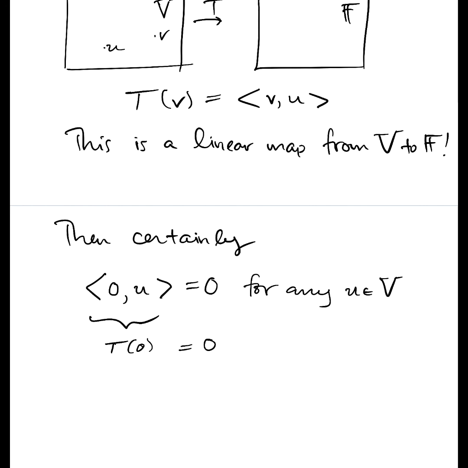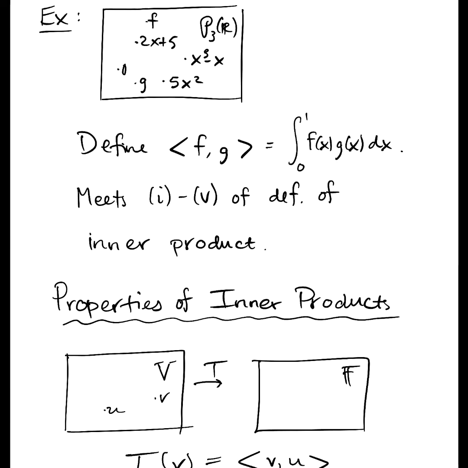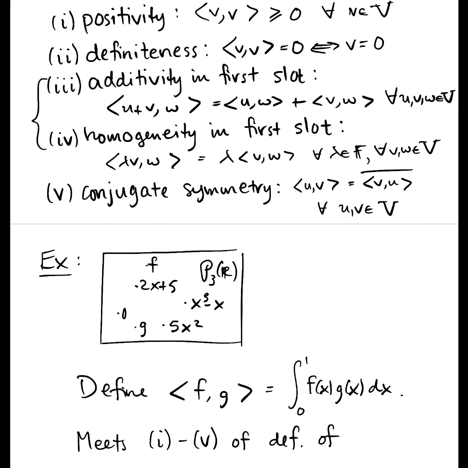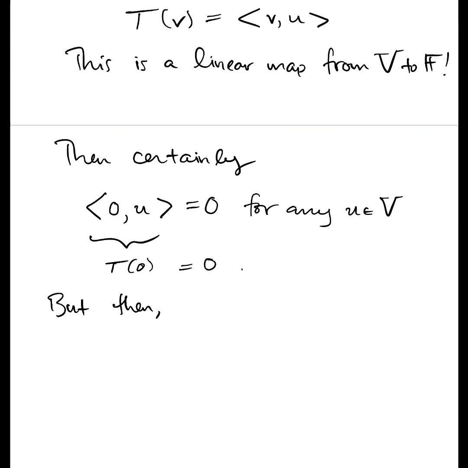So in any inner product space, if you do an inner product with 0 in the first entry, you get 0. But then, once you know inner products with 0 in the first entry come out to 0, you can use property 5 to argue that inner products with 0 in the second entry also come out to 0.